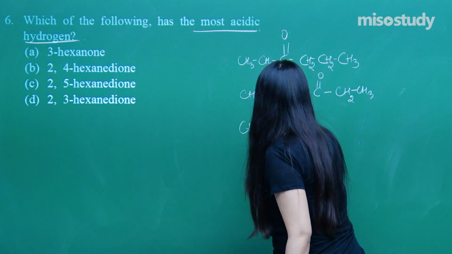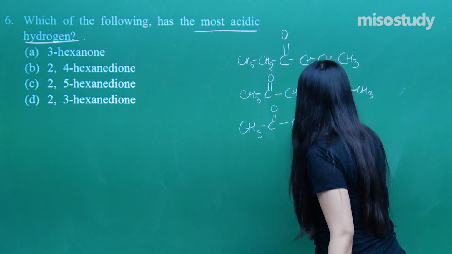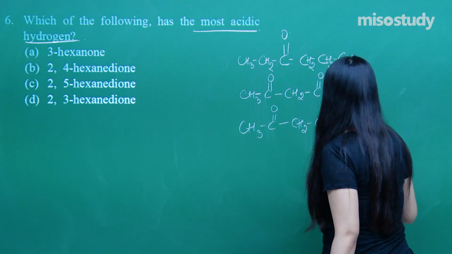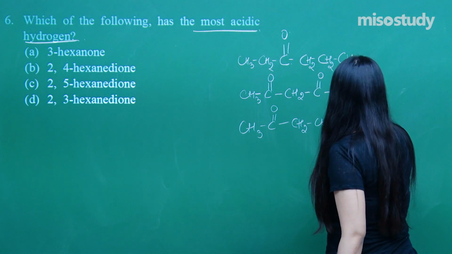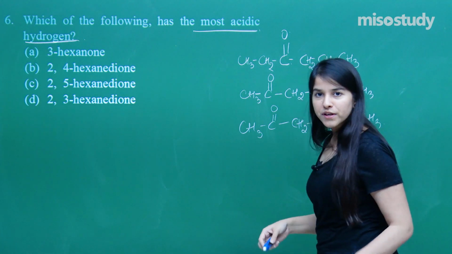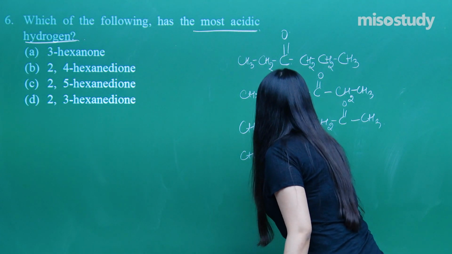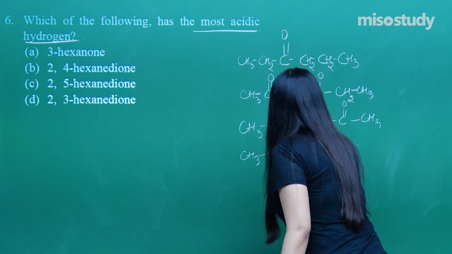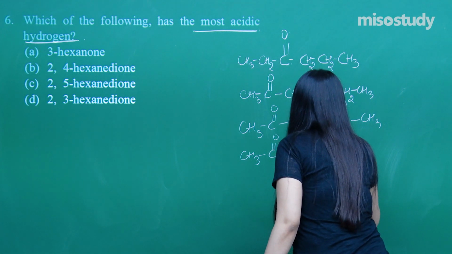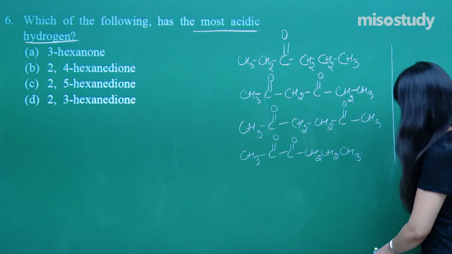I've got 2 again, and this time I've got 5, that means the ketonic group present on the 5. 1, 2, 3, 4, 5. Now I've got it right. And what is the last option over here? 2, 3. So that is how we are going to make it. So I hope you all have got the structures right.